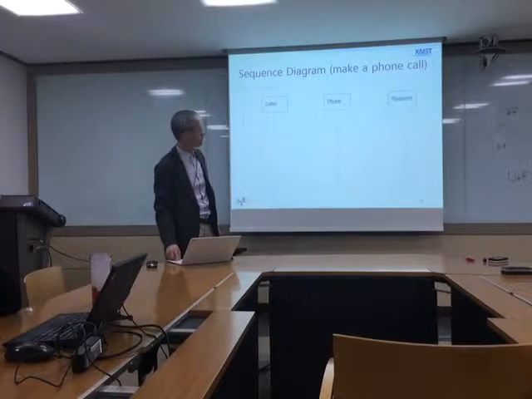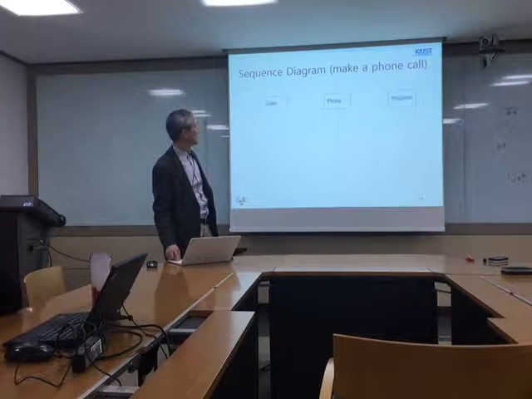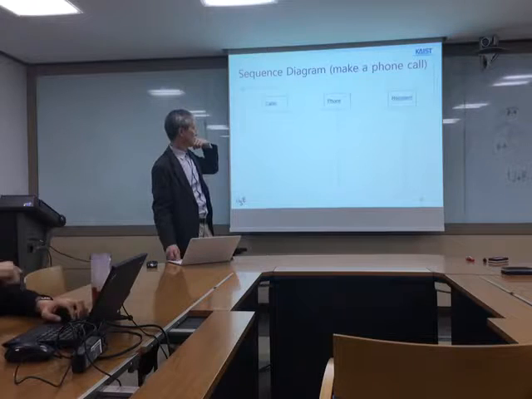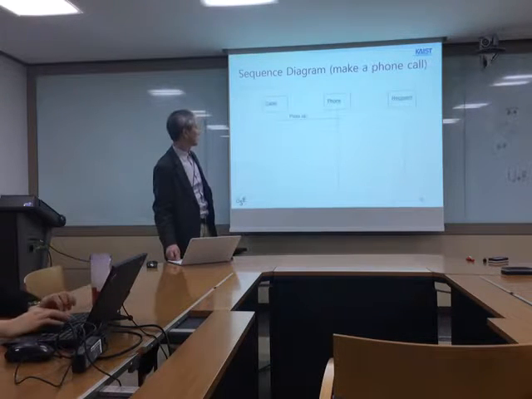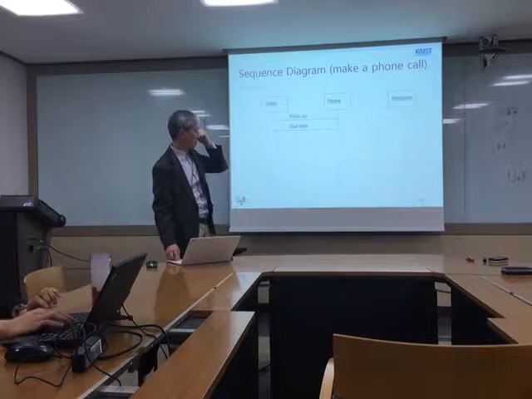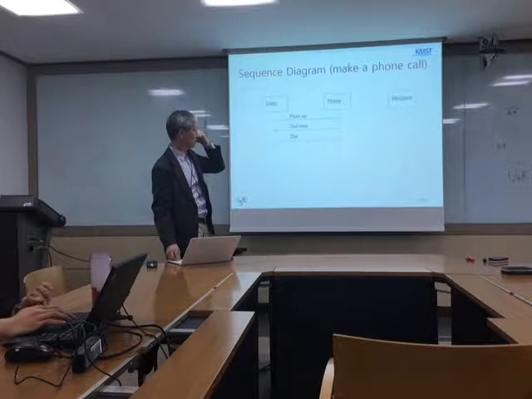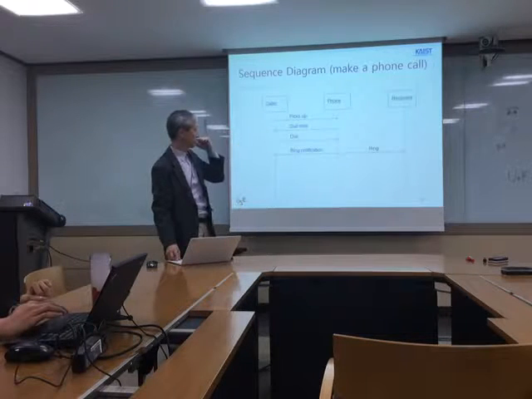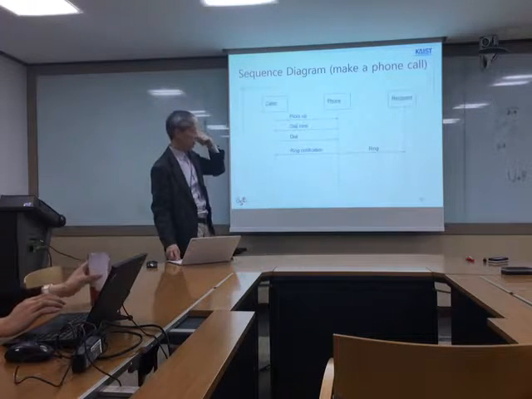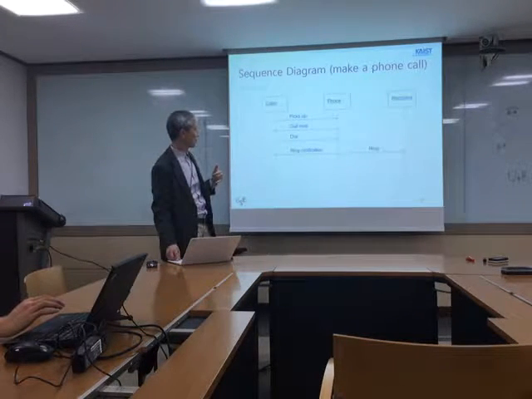And then this comes to the sequence diagram. Take the example of a phone call. The caller, I'm calling a phone to a recipient, and I pick up and get a dial tone, and then I start dialing, and then ringing goes to the recipient, and ringing is also inside this phone too, right?